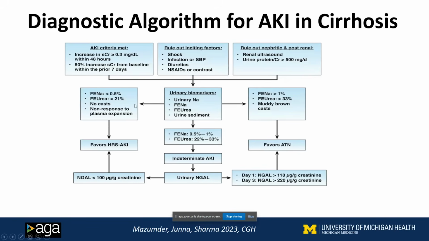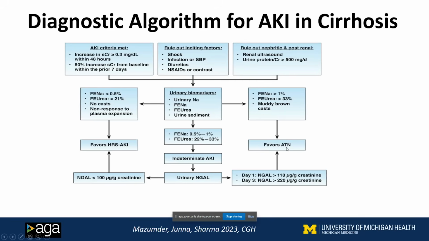So again, if FeNa is less than 0.5% and FeUrea less than 21%, it's suggestive of pre-renal physiology. If there is no cast and non-response to the plasma expansion, then it favors HRS-AKI. Again, if FeNa is greater than 1%, FeUrea greater than 33%, and you see muddy brown casts or any evidence of tubular injury, then it favors ATN.